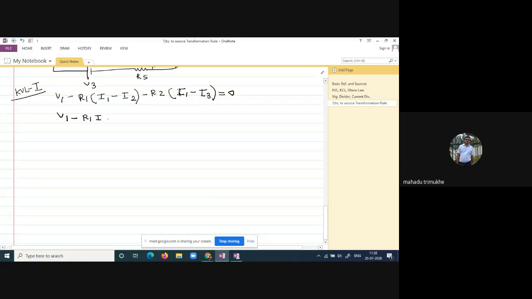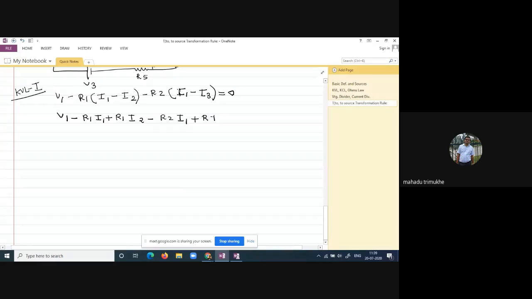R1 you have to multiply into the bracket, plus here R1, that minus minus plus R1 I2, minus R2 I1, again minus R2 minus I3 plus that plus R2 I3.